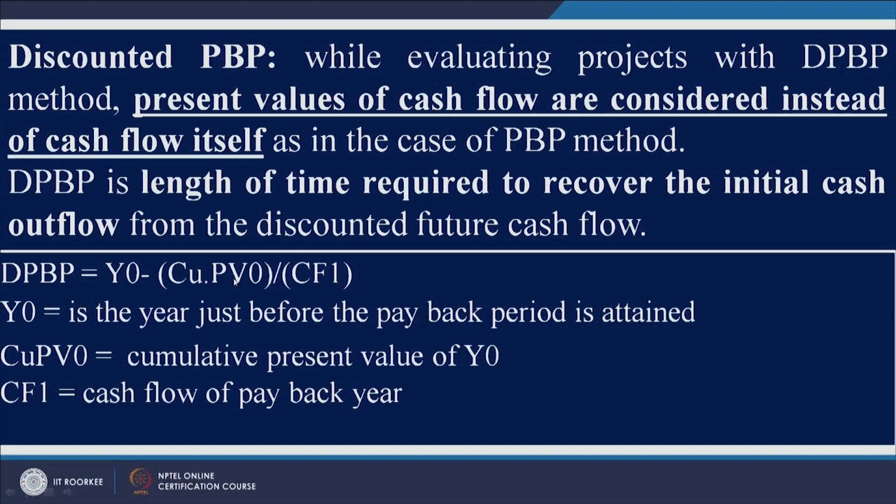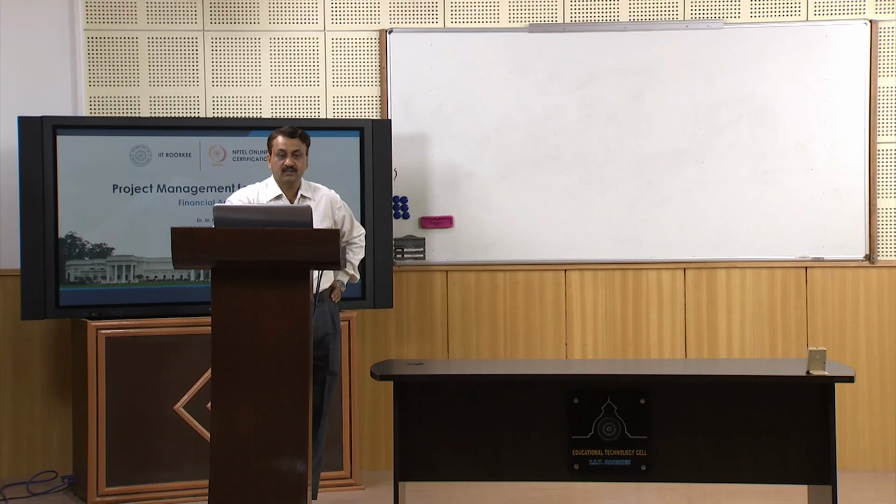Y0 is the year just before the payback period is attained, cumulative PV0 is the cumulative present value of Y0, and CF1 is the cash flow of the payback year.